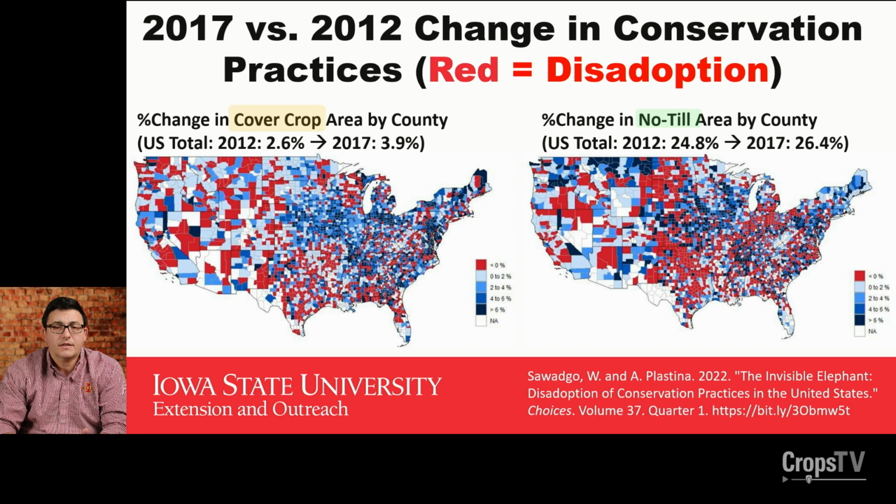And what we can see on the left is that all those red areas actually indicate the counties where cover crop adoption declined between 2012 and 2017. And on the right, the red areas indicate the counties where no-till area declined between 2012 and 2017.